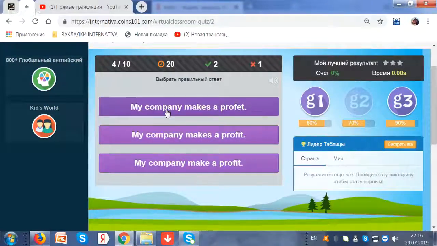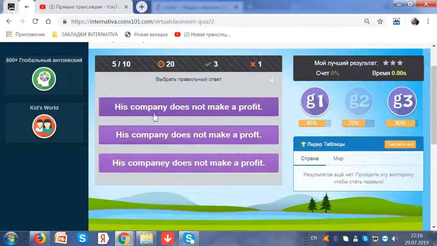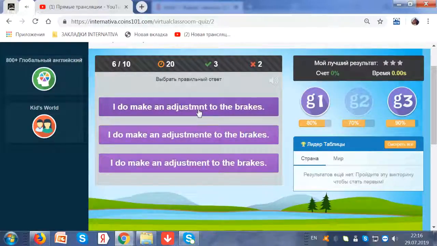My company makes a profit. My company does not make a profit. I do make an adjustment to the brakes.